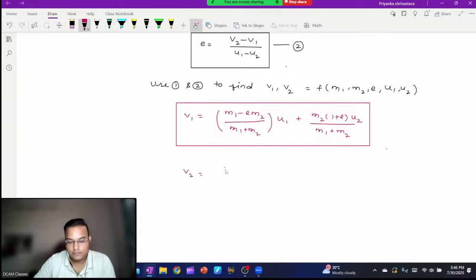Means in the formula, M2 gets changed to M1 and M1 to M2, U1 to U2 and U2 to U1.